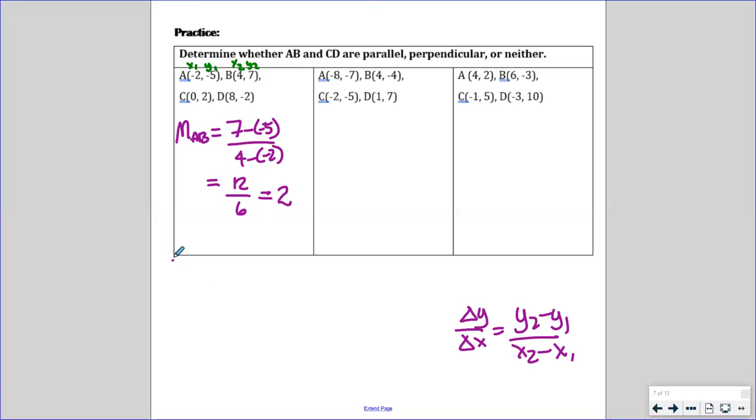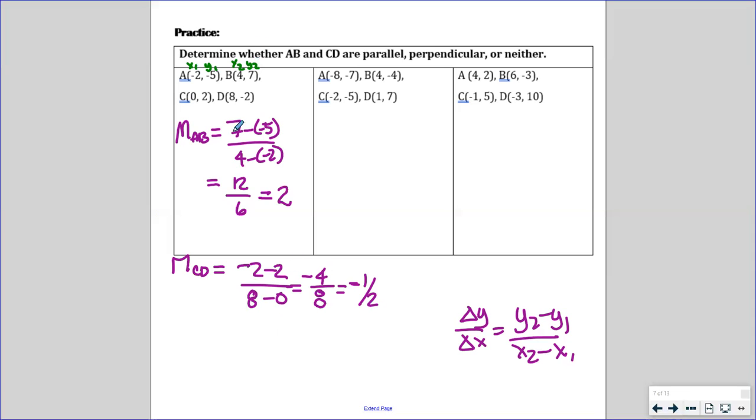All right, so that was for AB. Let's do CD. CD, same thing, the x1, y1, x2, y2. So now we have negative 2 minus 2 over 8 minus 0. And that gives us negative 4 over 8. And then when you reduce that, that will be negative 1 over 2.